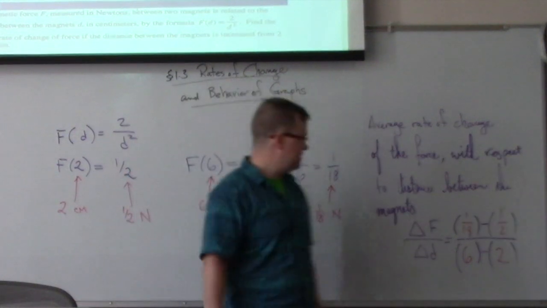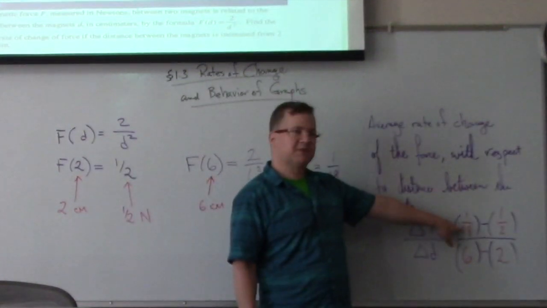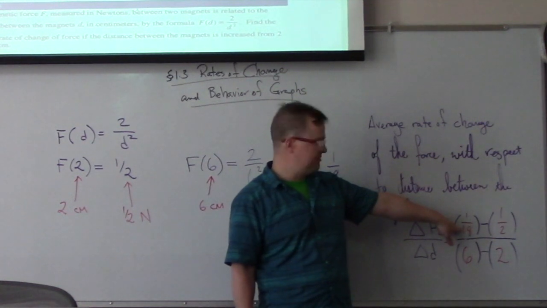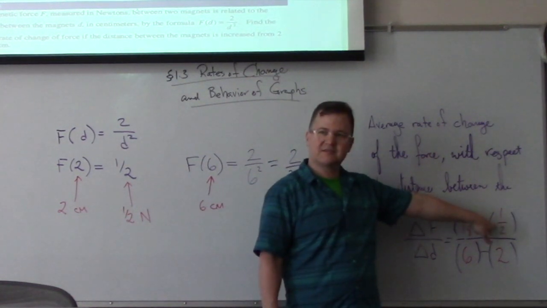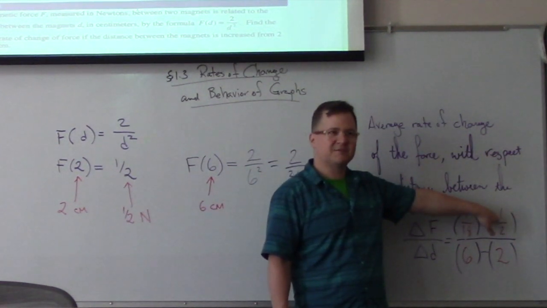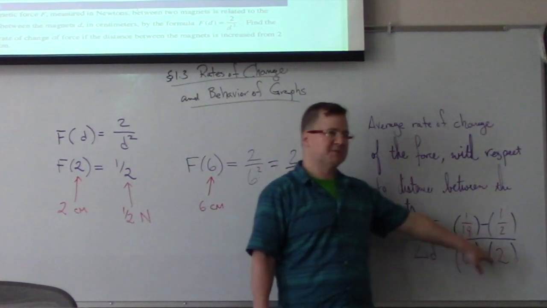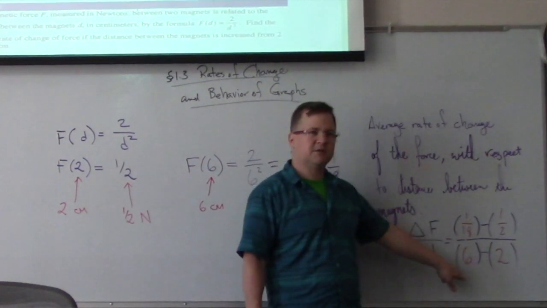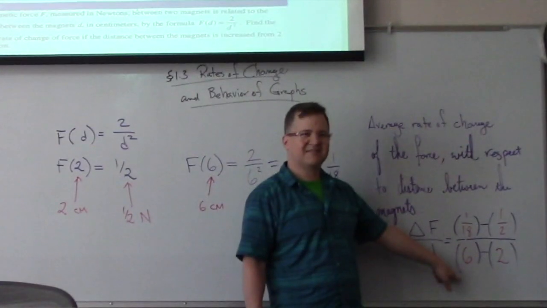Now, quick quiz. What are the units for this number? That was 2 over 36. Newtons. And when you subtract newtons from newtons, what do you get? Newtons. You subtract centimeters from centimeters, you get? Centimeters. So when you take newtons divided by centimeters, what do you get? Newtons per centimeter. Yeah.